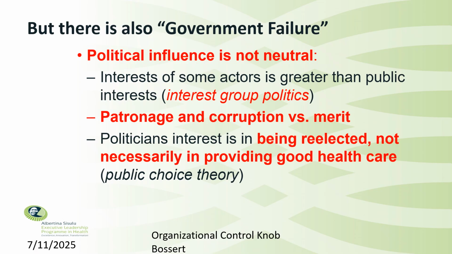Much as we are electing a democratic government, the interests of some actors are greater than public interests. So the politicians that we're electing may not necessarily be thinking about our needs, but rather about their wants. And those could be the wants of that political group or the wants of that individual politician that has been elected.